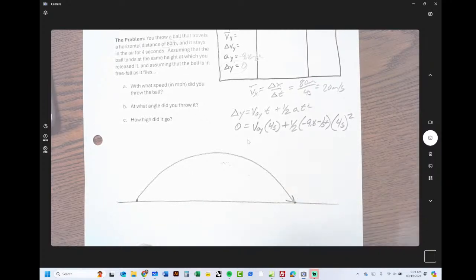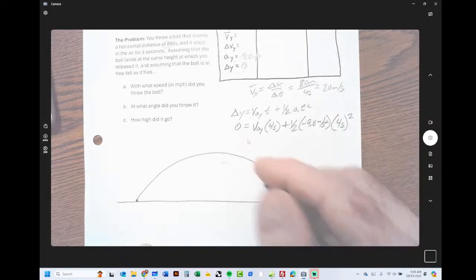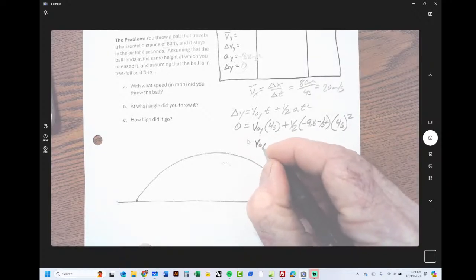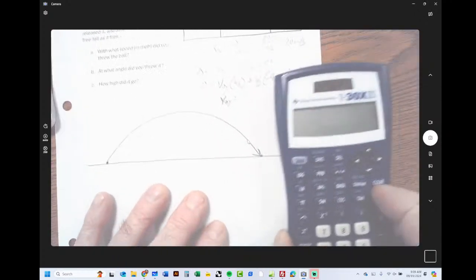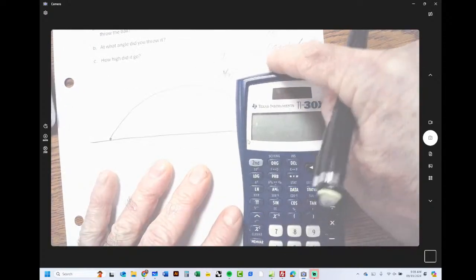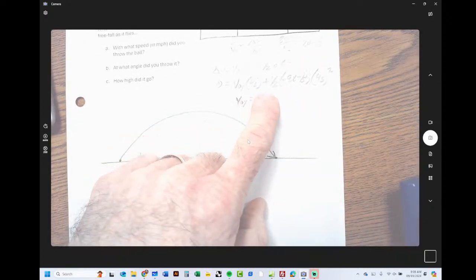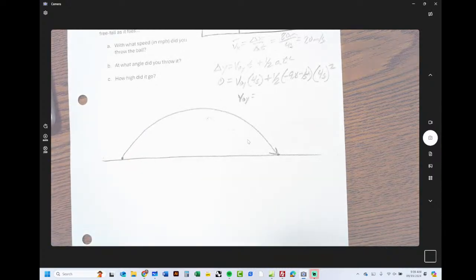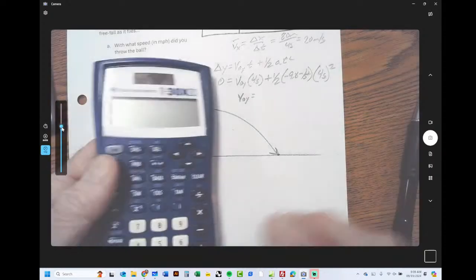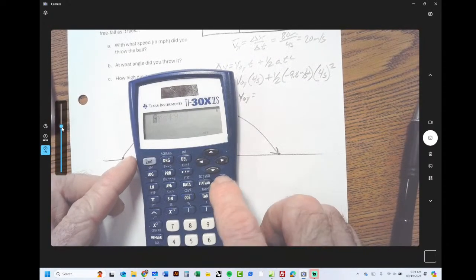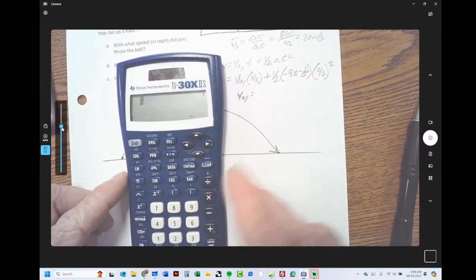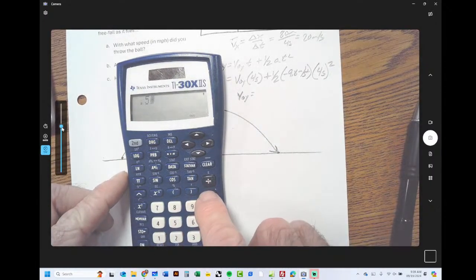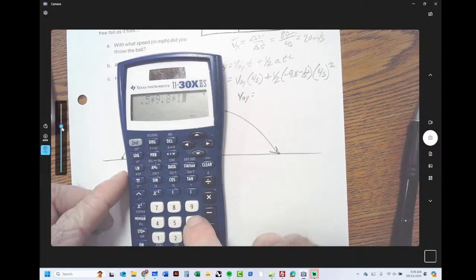I'm going to skip a few little steps. You can watch me do it on my calculator if you want. I'm going to darken it a little bit again. If you want to go ahead and solve while I'm solving, you can solve that. I'll just do 0.5 times 9.8. I know it's negative, times 16.